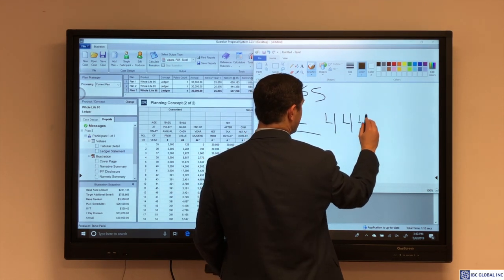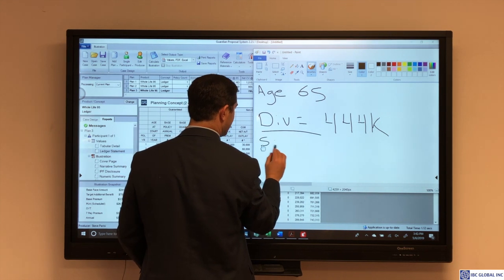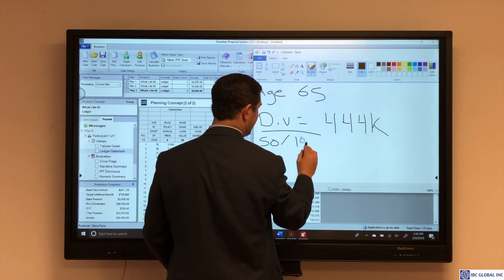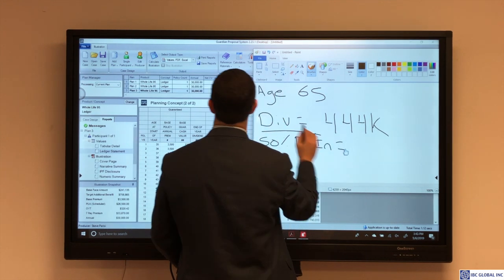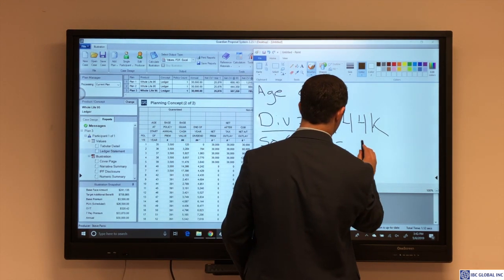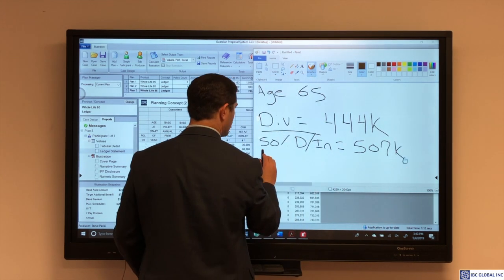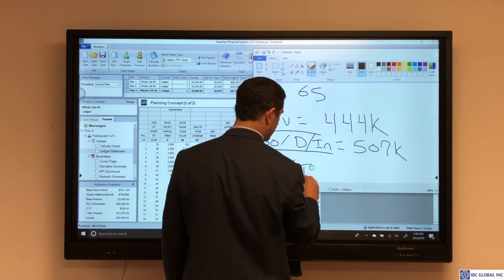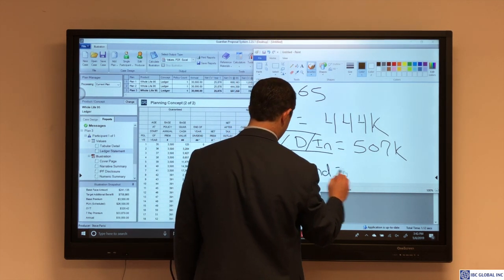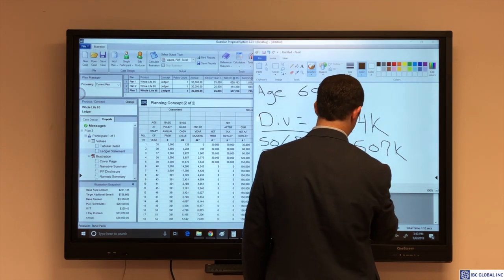Direct comparison for you guys. Let's go 50% dividend, 50% index. Age 65, 507. And then 100% indexing. What do we got? You might remember this. 608.